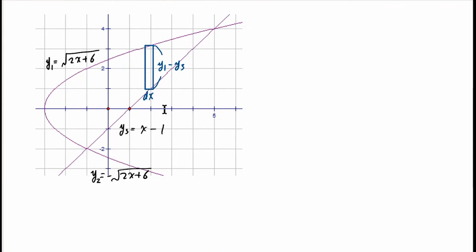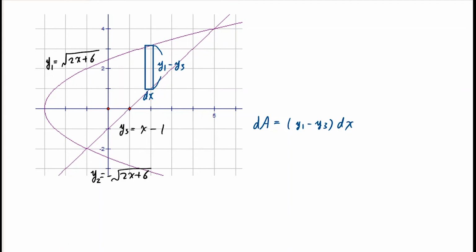So this upper one minus lower one, because the upper one is the bigger one, in order to make the area positive. Good. Say yes. So I'm going to call this thing dA, one tiny rectangle. Space, don't write, I'm leaving a space for a reason. dA is equal to y1 minus y3 dx. Good.